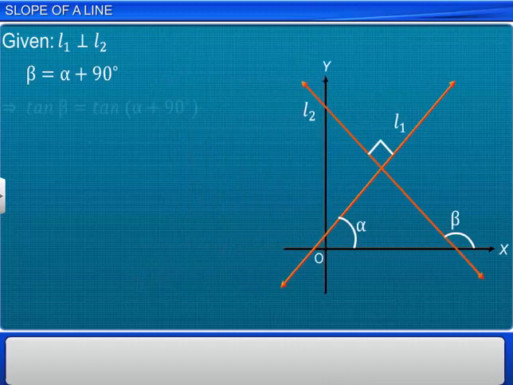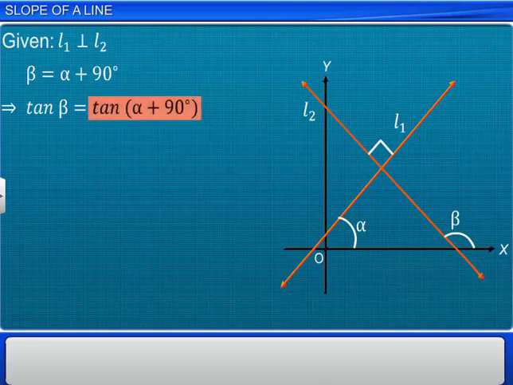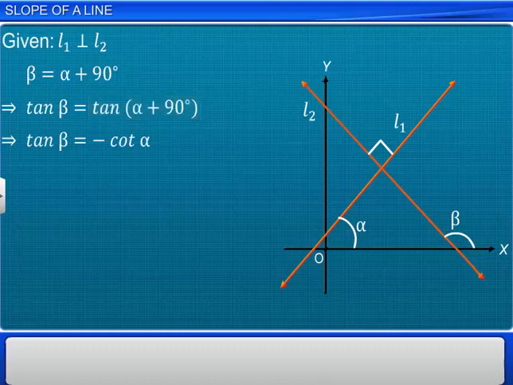Let us take the tangent of both the sides of the equation. Tan alpha plus 90 degrees is equal to minus cot alpha. Also, cot alpha is equal to the reciprocal of tan alpha.